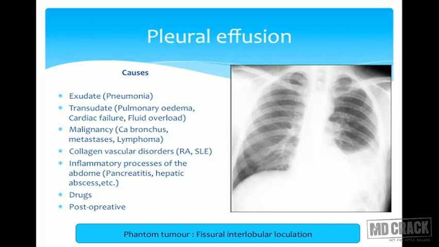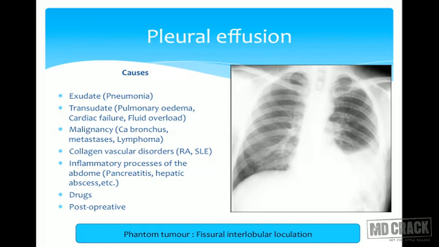Pleural effusion: I've already talked about quantification of the pleural effusion, but the causes are multiple. You can have an exudate as seen in pneumonia, or a transudate from pulmonary edema or cardiac failure. Malignancy would include carcinoma of the bronchus, metastasis or lymphoma. Other causes are collagen vascular disorders, inflammatory processes of the abdomen such as pancreatitis and hepatic abscesses, drugs, and post-operative changes.